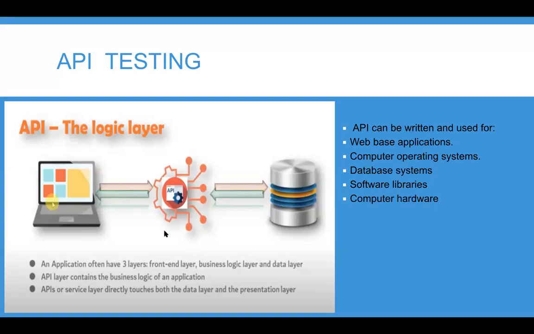The API layer contains the business logic layer for an application. Within the API, so many things happen: verification, when you do a GET request you retrieve information, you create information, you update services. There's also authentication. There's so many things you can think of that happen within the API logic.